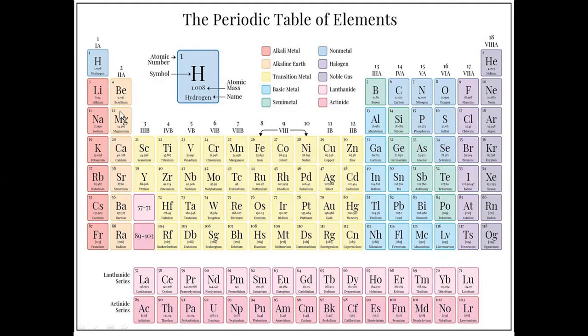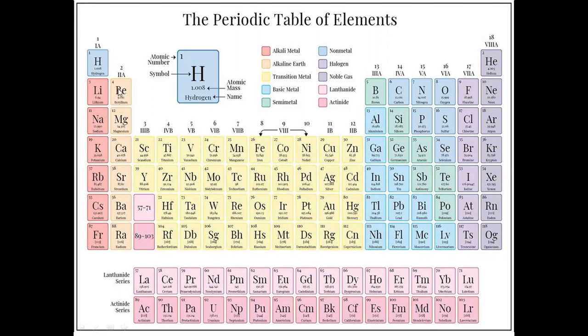Hope you are making note of it. Loss of electrons from an atom or an ion is known as oxidation. That is required for this chapter, which is the reason I'm telling you. Loss of electrons from an atom or an ion is oxidation.